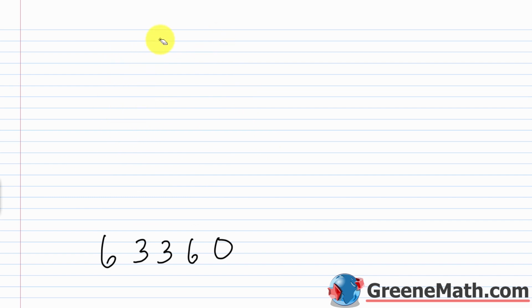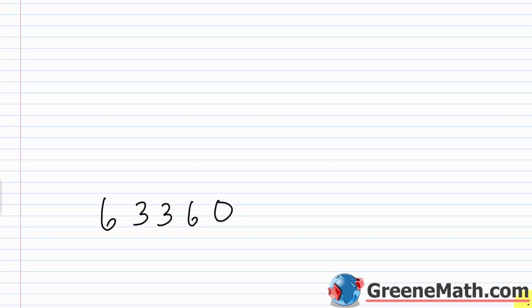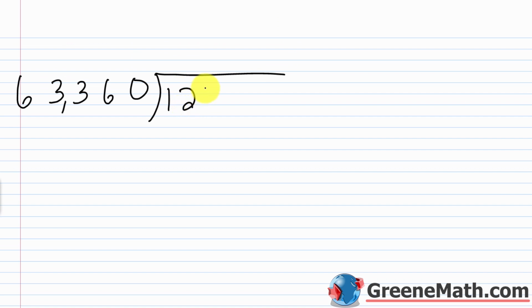Let's go back up to the top for a second and get that other number. So again, we had 126,720, and we're dividing that by the product of these two, which we have down here, 63,360.